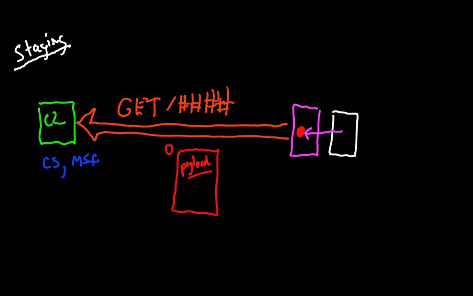This is the Metasploit framework staging protocol. And if you make that kind of a GET request on a Metasploit framework handler, you will get back a Meterpreter payload. If you make this kind of request on a Cobalt Strike web server, by default, you will get back a Cobalt Strike beacon payload.